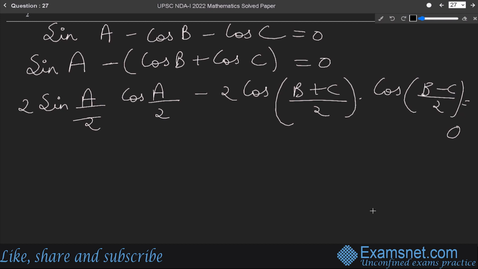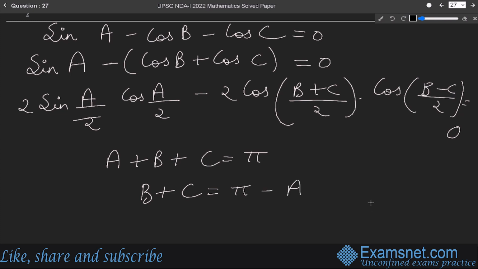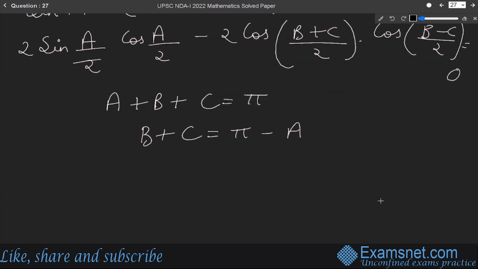Now we know that sum of angles of a triangle is equal to 180 degrees. So we can write A plus B plus C is equal to pi. Pi is 180 degrees. And B plus C will be equal to pi minus A. Now dividing by 2 on both the sides, we get (B plus C) by 2 is equal to pi by 2 minus A by 2.